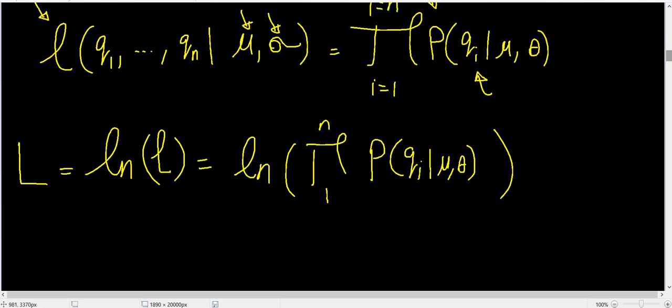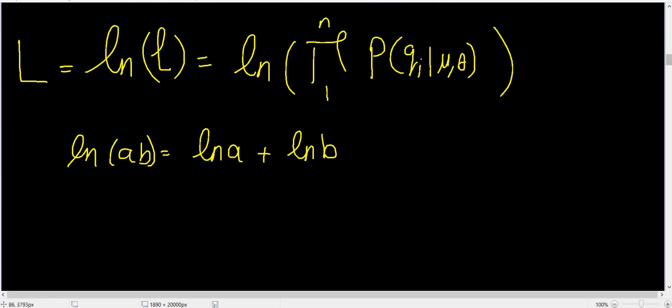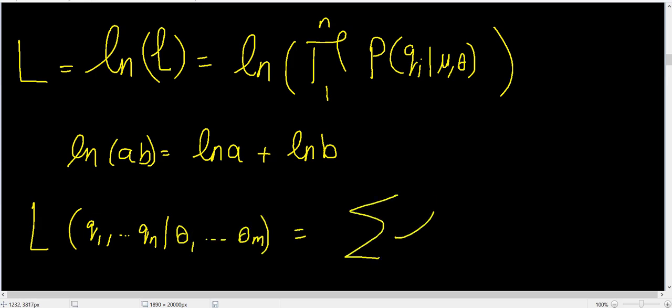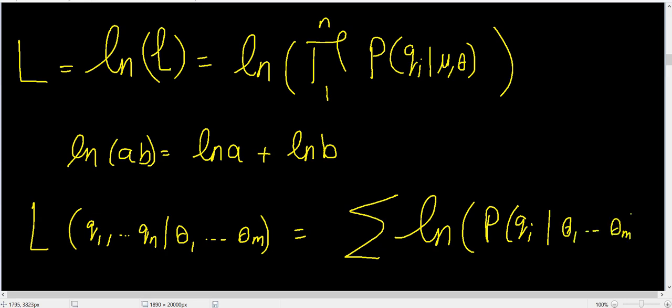Now we know that ln of AB is equal to ln A plus ln B. Now this means that this capital L of my data points Q1 up to Qn given my parameters theta 1 up to theta m will be equal to the summation of ln of probability of Qi given my parameters theta 1 up to theta m, just like that. So I transform this product into a summation, which is much easier to calculate the derivatives of than this product, so from i up to n again.